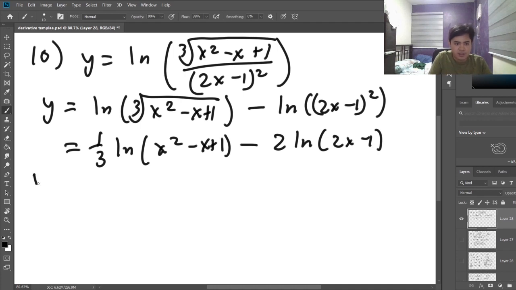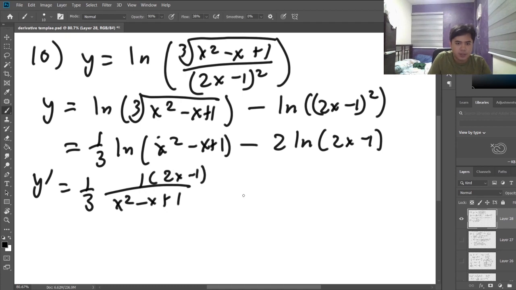The derivative of that is just simple. This is 1/3, and then this is the denominator, so x squared minus x plus 1. Then the numerator is going to be 2x minus 1, minus 2 times 2 over 2x minus 1.